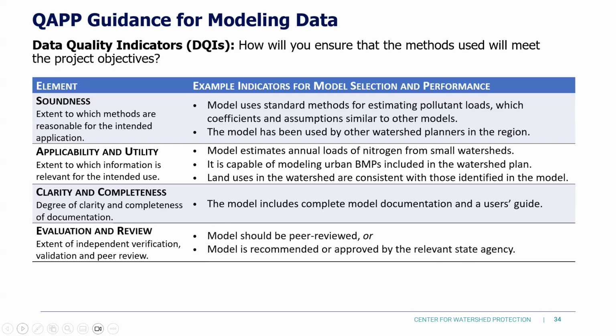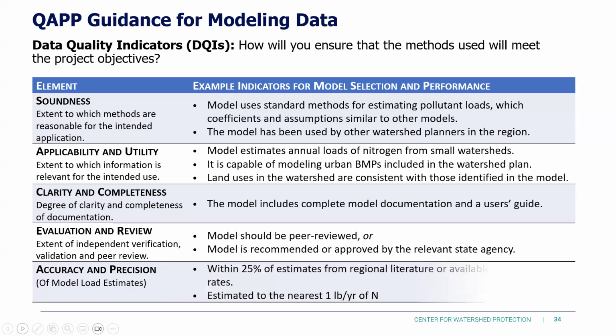Evaluation and review. This is always a question you're going to get if you're trying to use a model. Is it peer reviewed somehow? Or in this case, is it recommended? Does your state agency that you're working for have a list of models that you can use, and it's one of them? And I think I did one more.